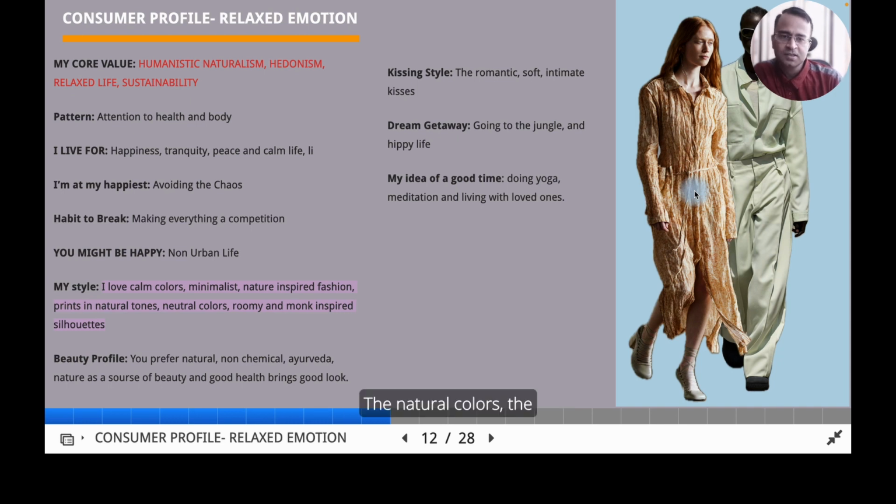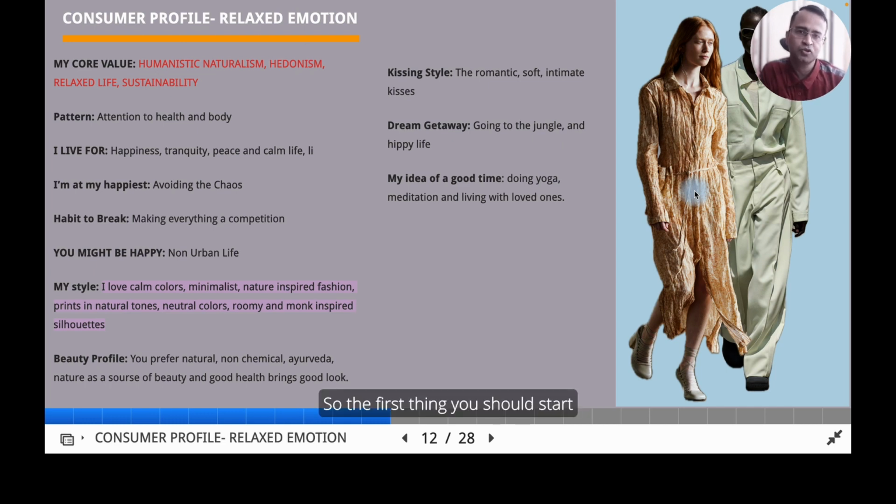The natural colors are quite soft and neutral. All the people who have this kind of consumer value system will certainly prefer these prints, colors, style, silhouette, materials, fabrics, and textiles. So this is how you start working on your initial product development phase.